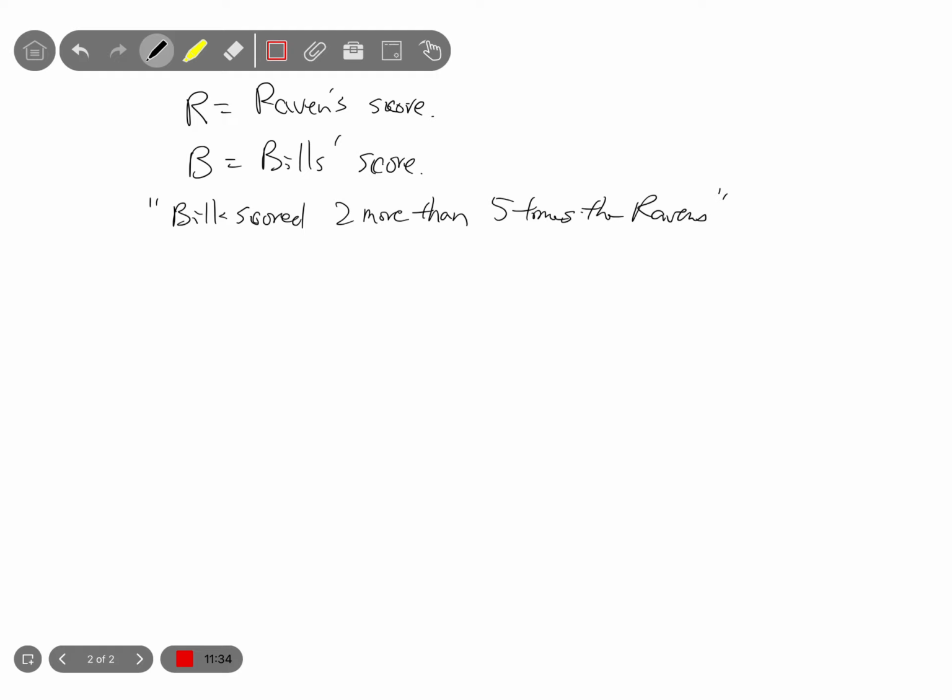Which means the Buffalo Bills score is 2 more than 5 times the Ravens, so it will be 5R plus 2. Remember, more than means you have to switch the order. Okay. So the expression for the Buffalo Bills score is 5R plus 2.